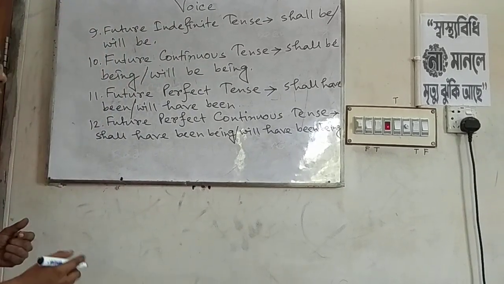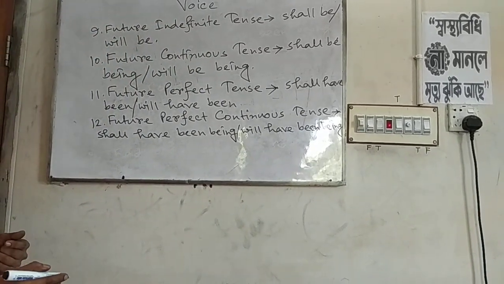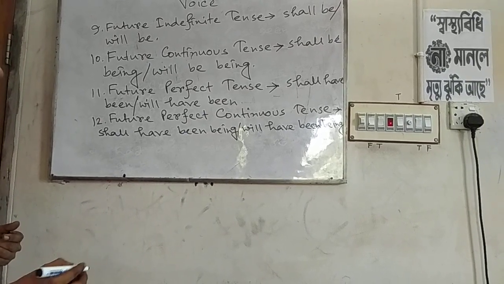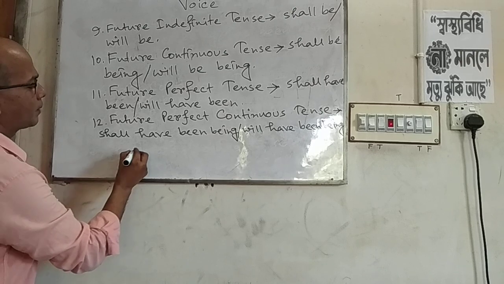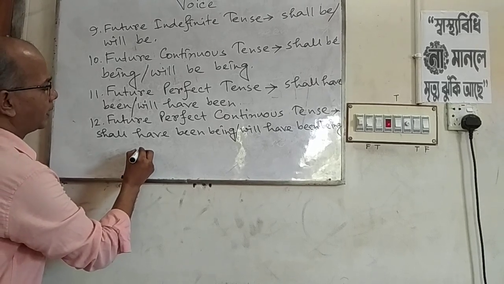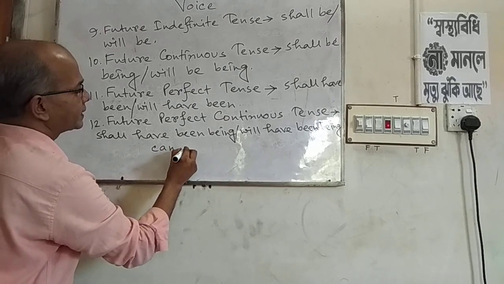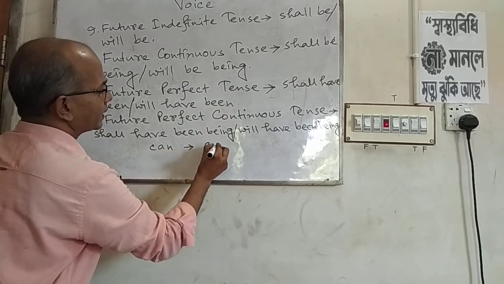And in case of modal auxiliary verb, be will be added to it. Here is an example. If there is can in active voice, in passive voice there will be can be.